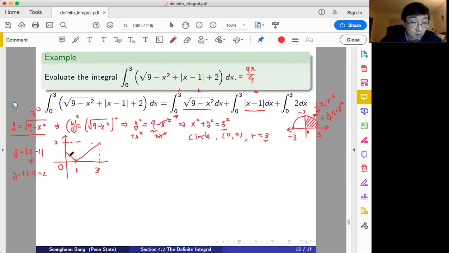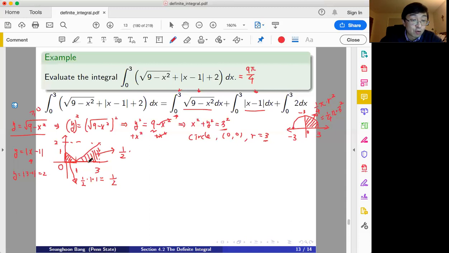So you need to find the area of 2 right triangles. The first one has base 1, height 1. This is 1 here. So the area is 1 over 2 times base times height, exactly 1 over 2. What is this area? The same, 1 over 2 times base.